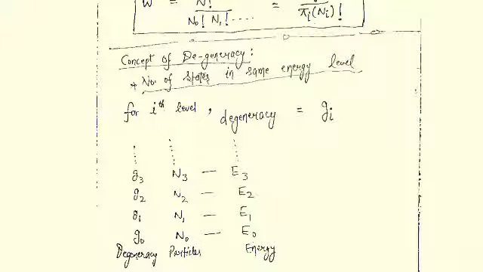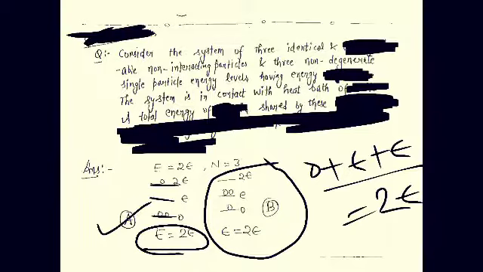So here I have already written the degeneracy of some of the energy states, as well as the number of particles N0, N1, N2, N3 along with their energies. What we are going to do is take one particular energy level, like the ground energy level, with N0 particles with E0 energy and having G0 degeneracy.